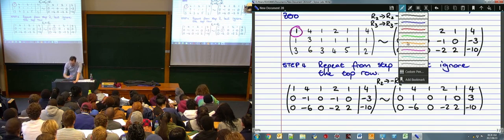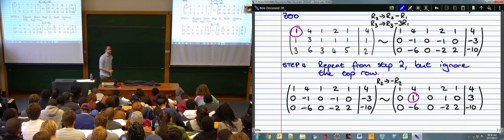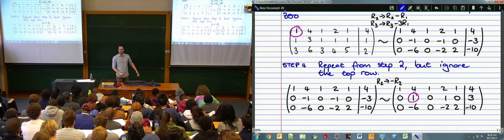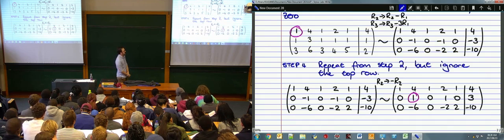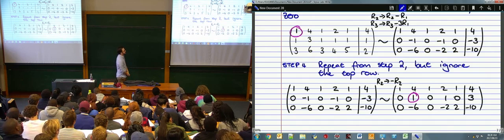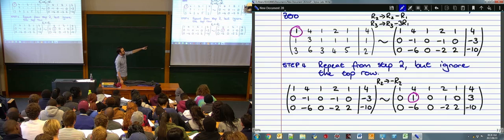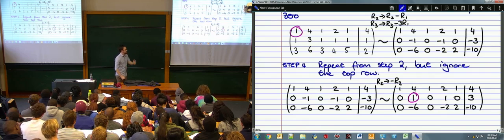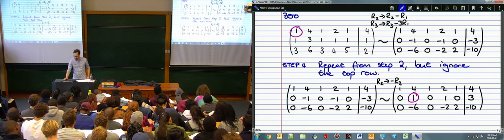The pivot is this entry over here. And now we try to make all the entries underneath the pivot 0 by adding or subtracting appropriate multiples of our pivot row. So in this case, we'll have to add 6 times row 2 to row 3.